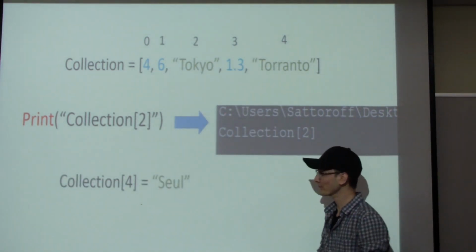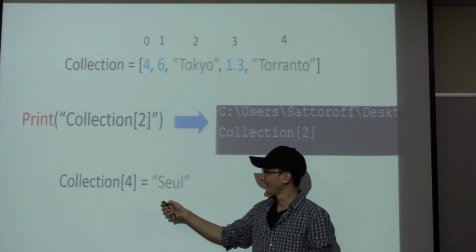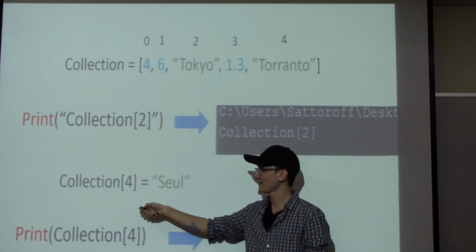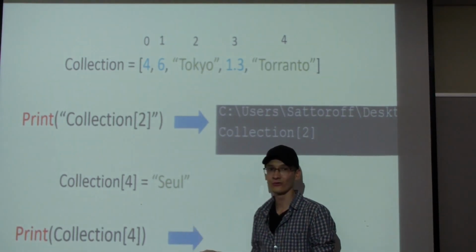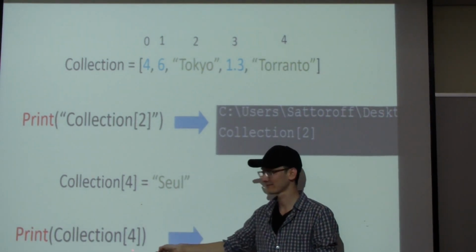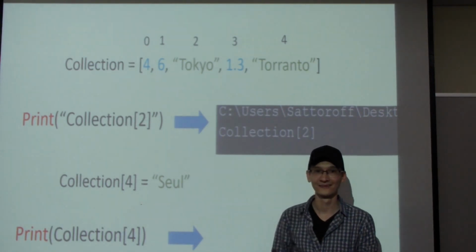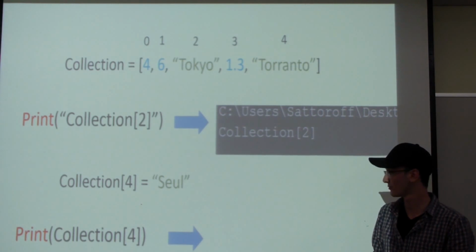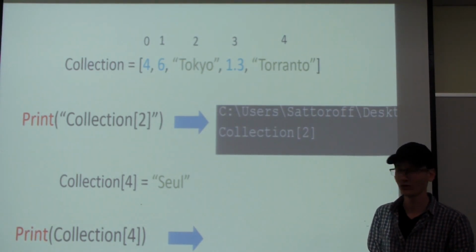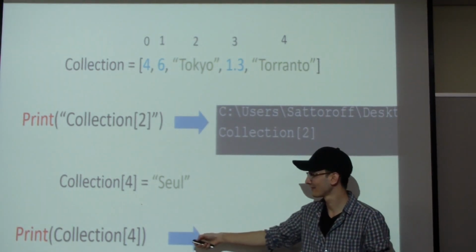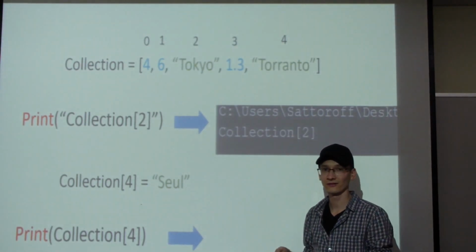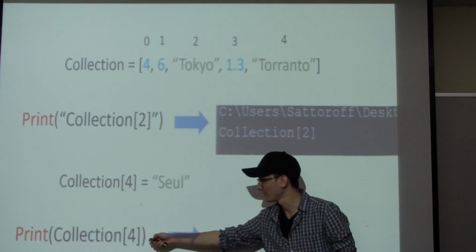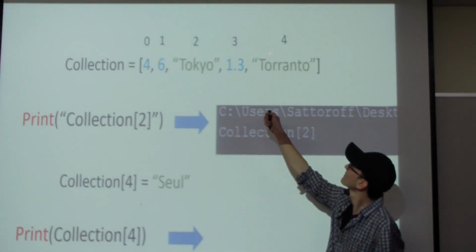Now we rewrote this kind of thing. Now we are going to print it. What do you think it will print? Seoul? Why Seoul? Our fourth element is what?